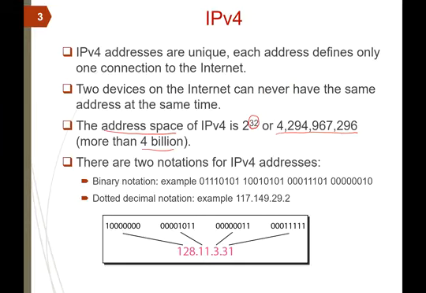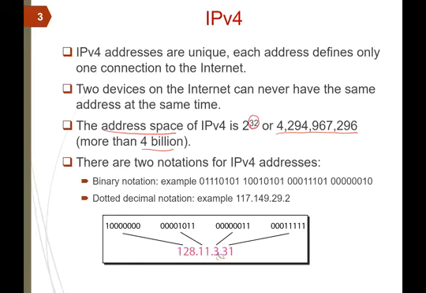There are two notations for IP version 4. We either use the binary notation, or we call it decimal dotted notation. You see, we have decimals separated by dots. This is called decimal dotted notation. We mostly will use this for IP version 4.